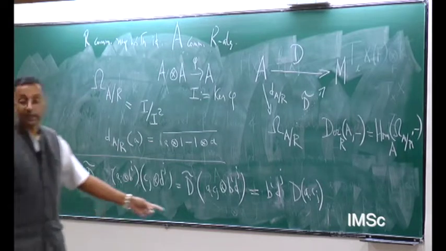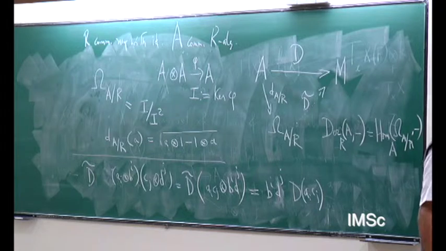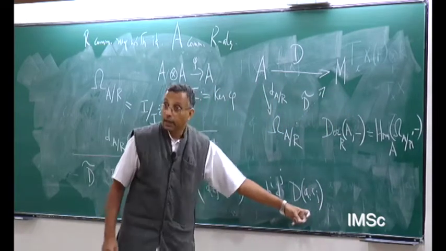By definition, that's our definition of d tilde. A tensor B goes to B times dA. Okay. Now this is a derivation.